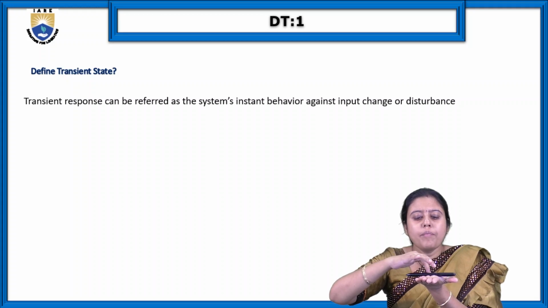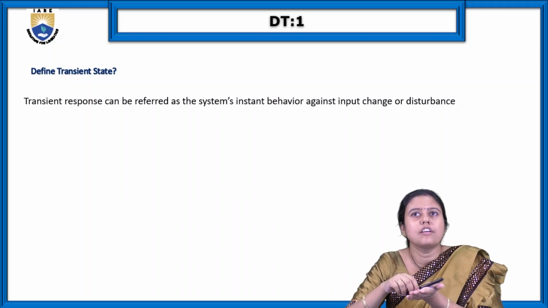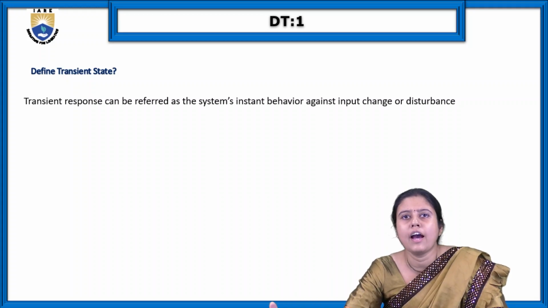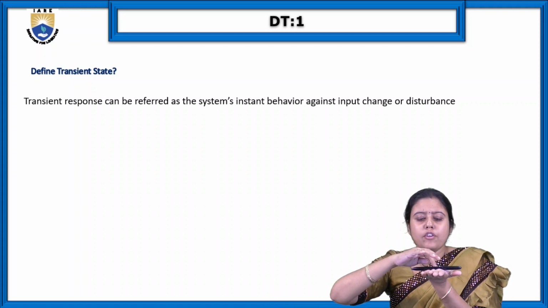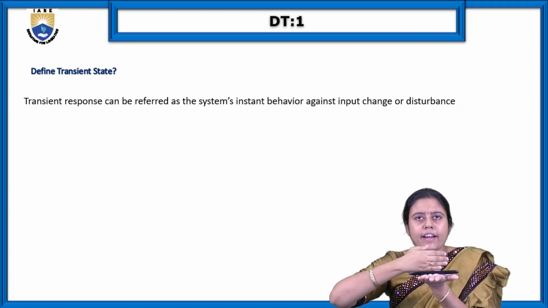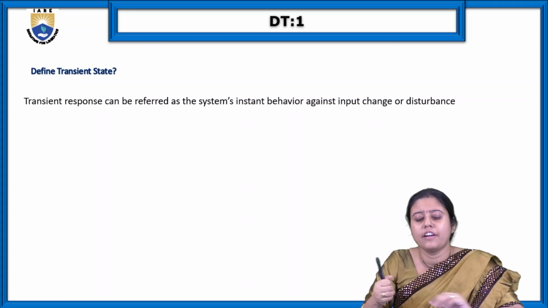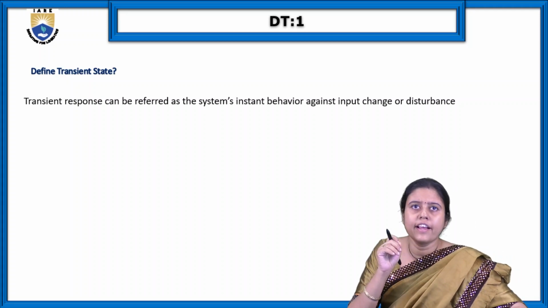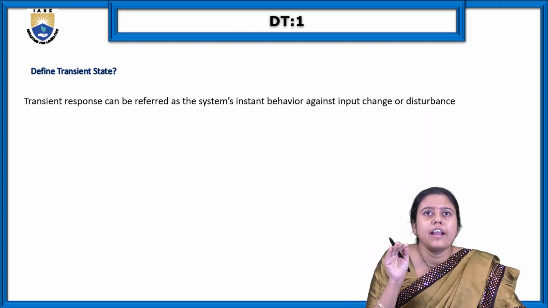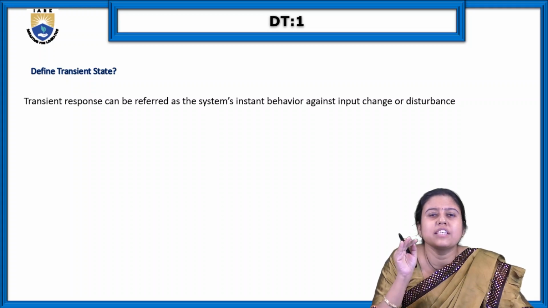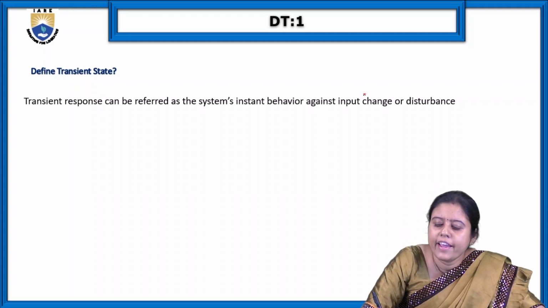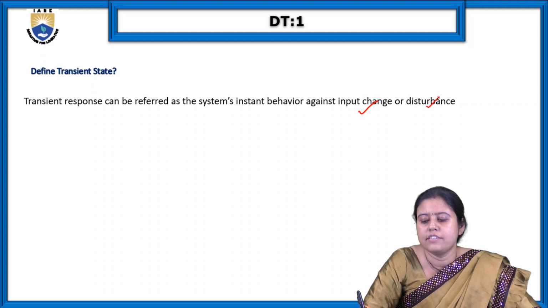Now, if we give a little force, and force we can think of as the input, what will happen? It will go somewhat forward, come back, and again be in the fixed condition. This is called the transient. The transient response is the system's instant behavior against the input change or disturbance.